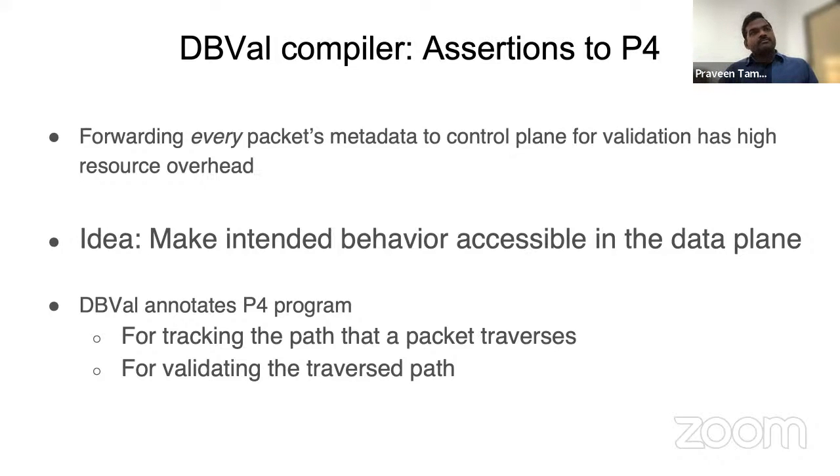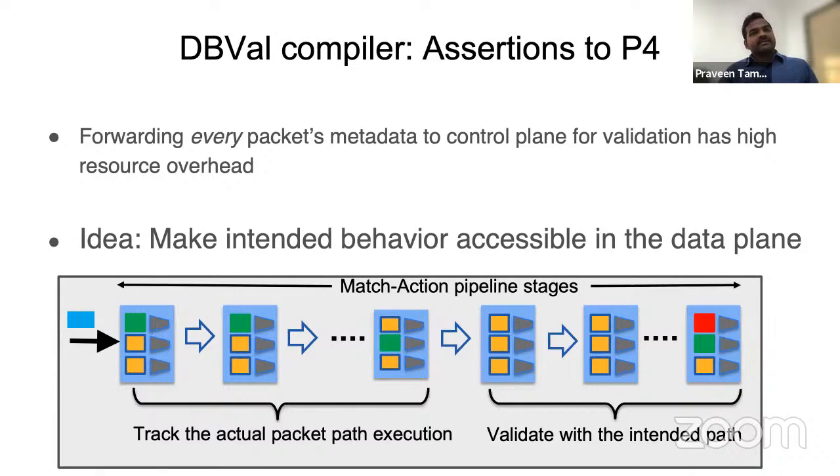To be more specific, consider this match action pipeline where you have tables that are in green and yellow color, where the path that you are expecting is the green path, or the packet is supposed to hit green boxes.